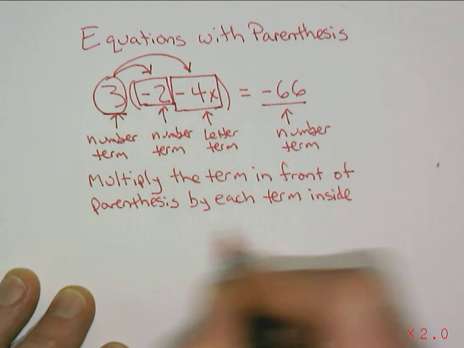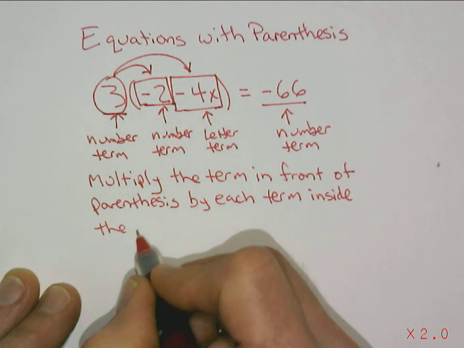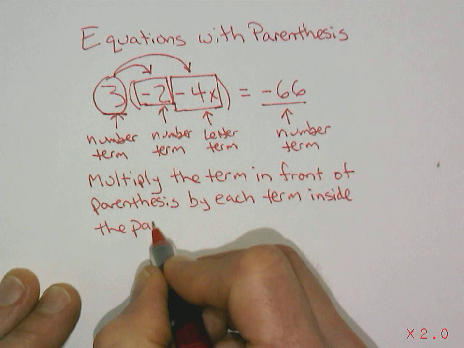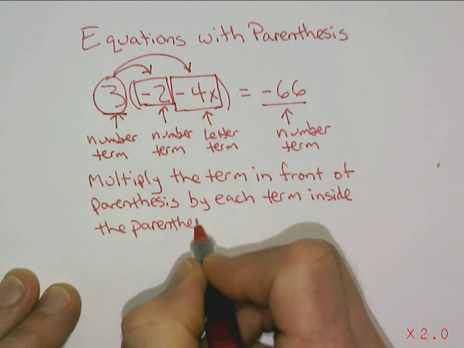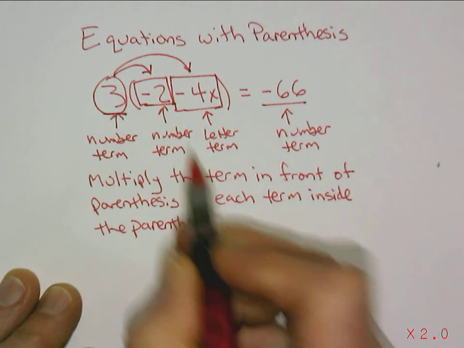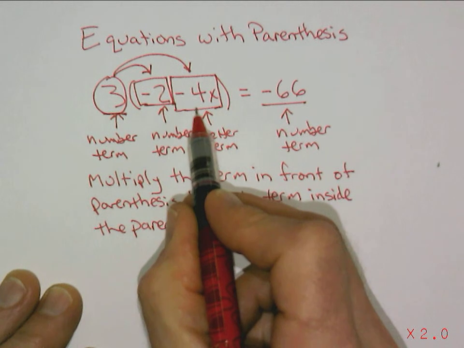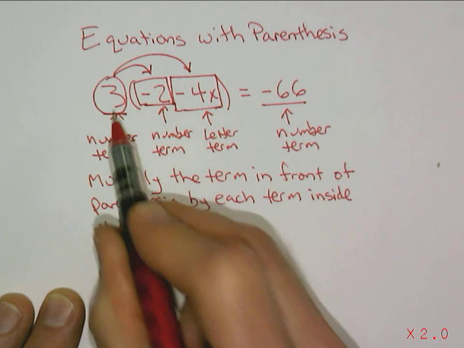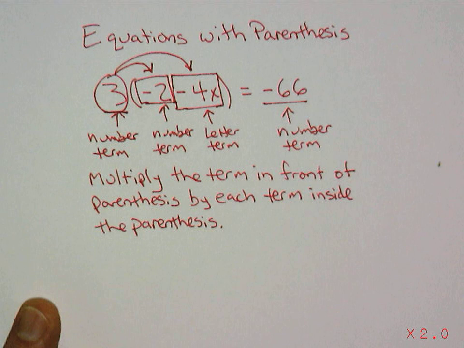So you have to think of each term that's inside the parentheses as a separate term, and each of them multiplied by the 3. So I'm going to write out what that looks like.